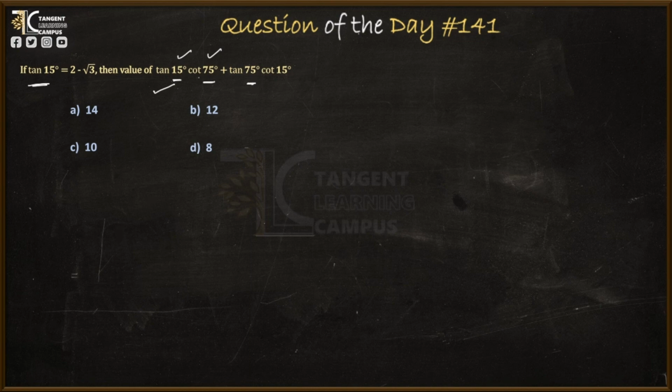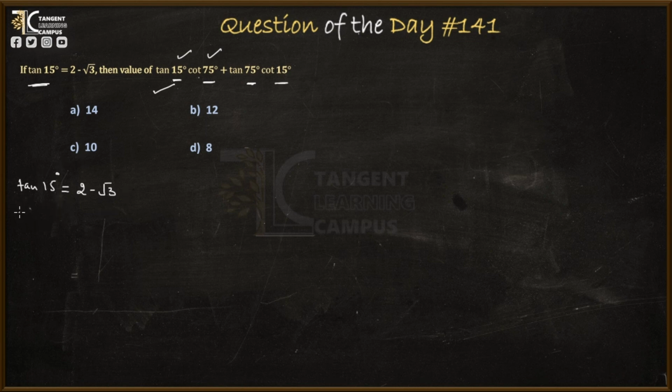So first of all, let us write down the given thing, which is tan 15 degree is equal to 2 minus root 3. Now if we see the expression, we have cot 15 degree, so we don't need to change this 15 degree, right? So we can find out the value of cot 15 degree by using this particular value.